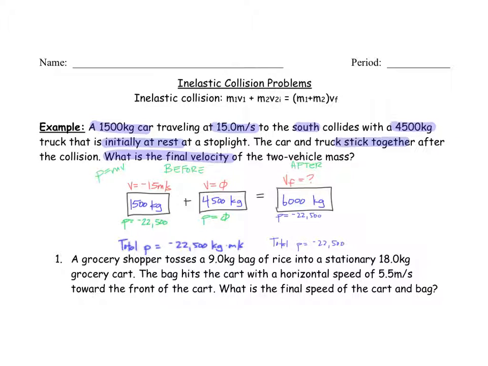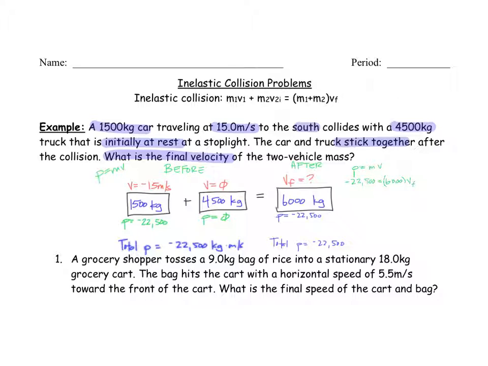So now that I have the combined momentum, I have the combined mass, I can figure out their combined velocity using my P equals mv equation, where momentum is now negative 22,500, the mass is 6,000, and velocity, final velocity, is what I need to solve for.